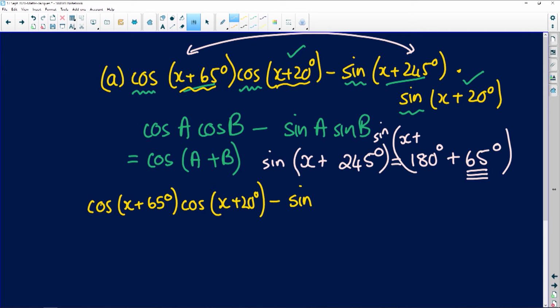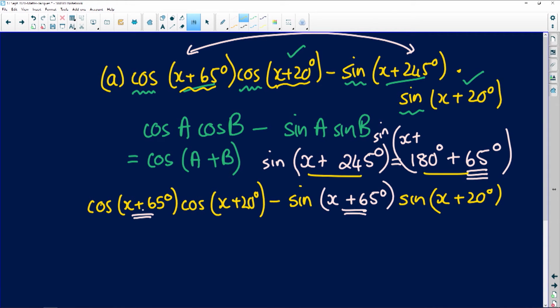Having done that, I end up with the sine of (x plus 65) degrees, which is exactly what I wanted with this first compound angle. Multiplied, I do not want to change the back part. I want to leave it as the sine of (x plus 20). So just analyze what it is that you are changing in these questions to get them to be the same.